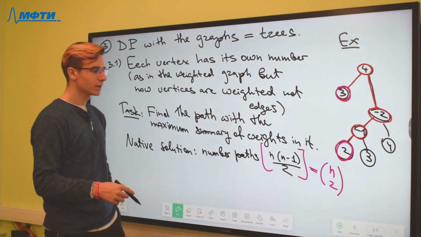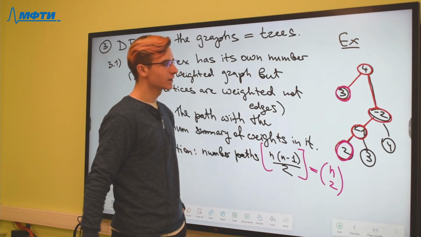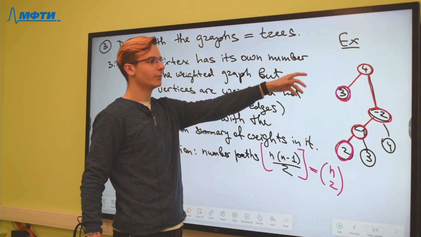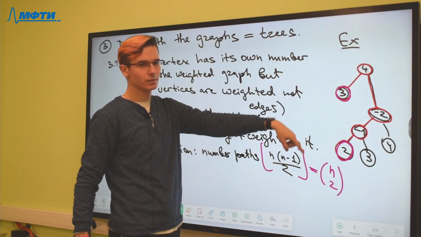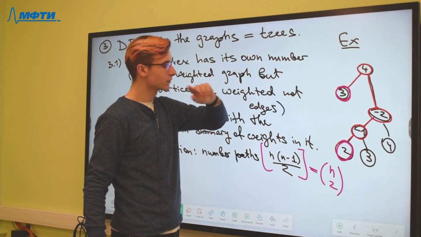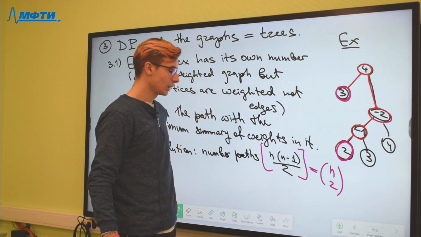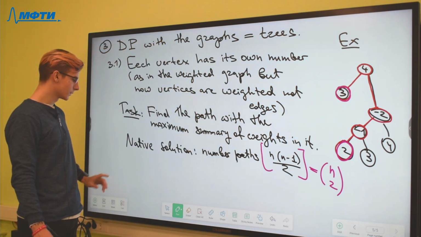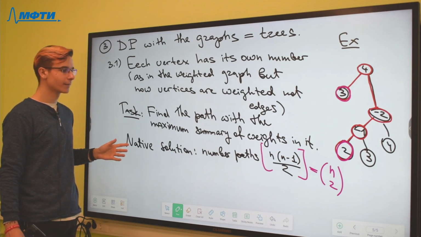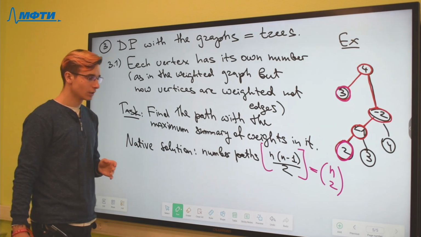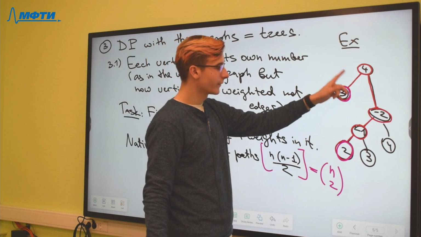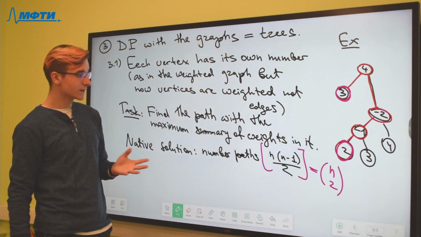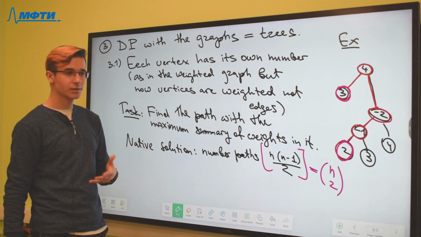And of course, you can see this formula as choosing 2 vertices, and there is only one path that connects these 2 points. So the naive solution is to find all the paths, find the sum of these paths and compare them.